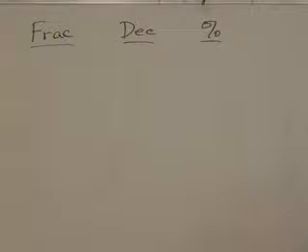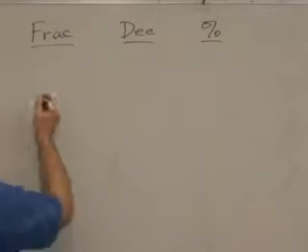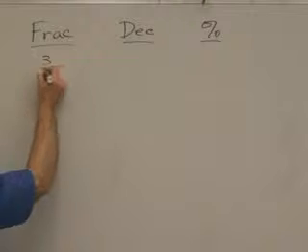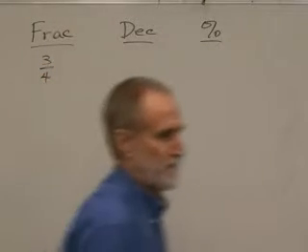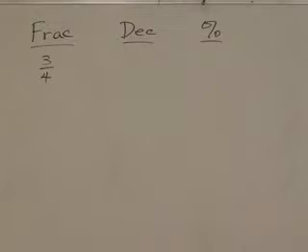Let's say we have the fraction 3/4. Now, what if I didn't know what that was as a decimal? What could I do on my calculator?